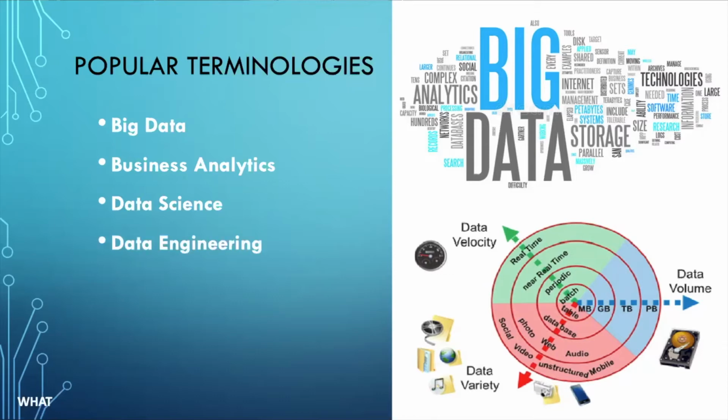And the next one is data engineering. Data engineering is the aspect of data science that focuses on practical applications of data collection and analysis. Basically, it's about designing and developing information systems. Okay, the last one is machine learning, ML.